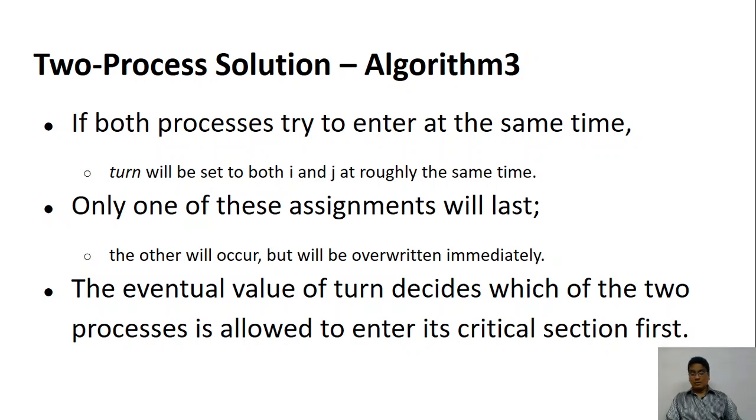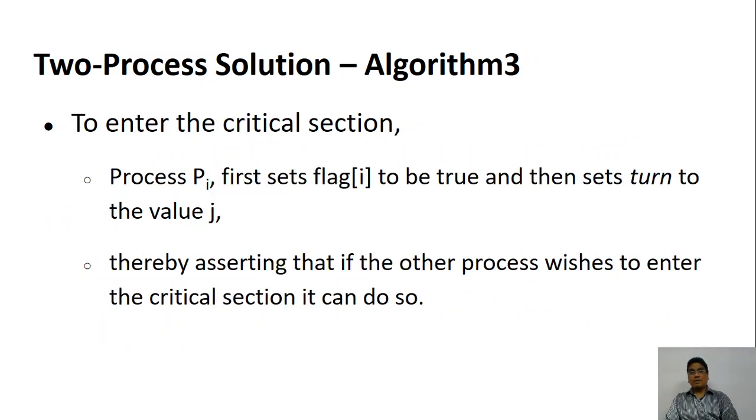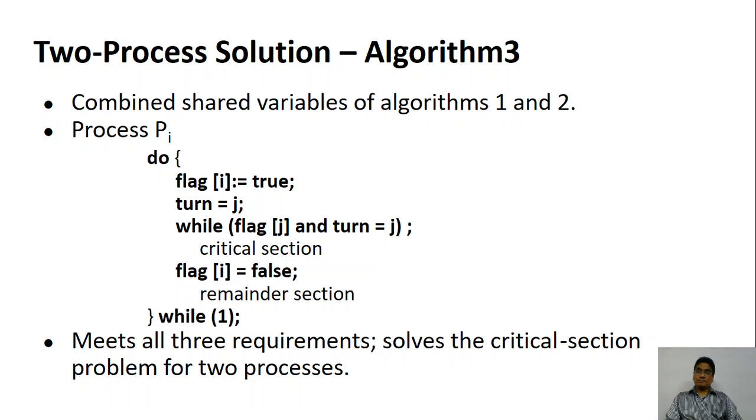Remember, this fully blocking will not take place in this case. This is going to give you progress. Let's assume this is the flag of i, and this is the flag of j.